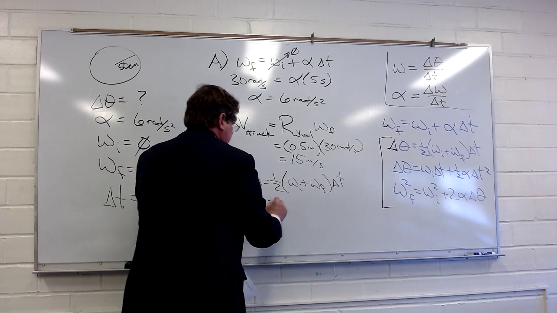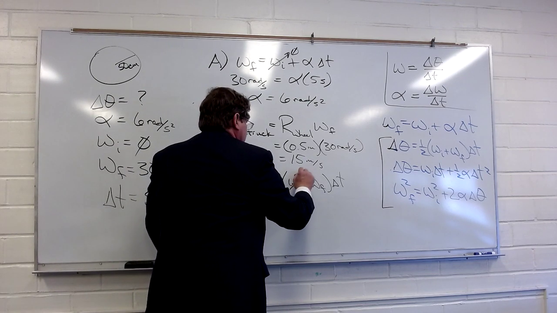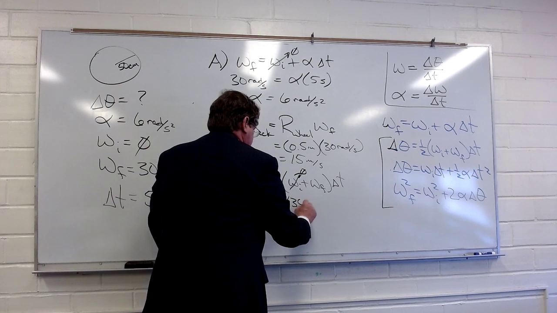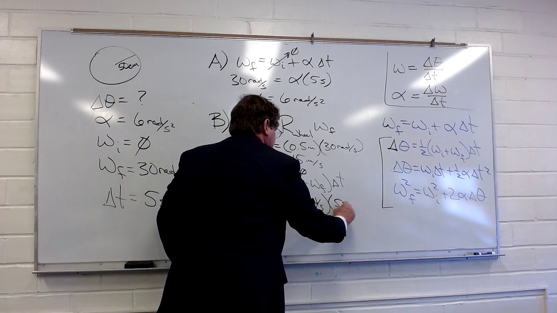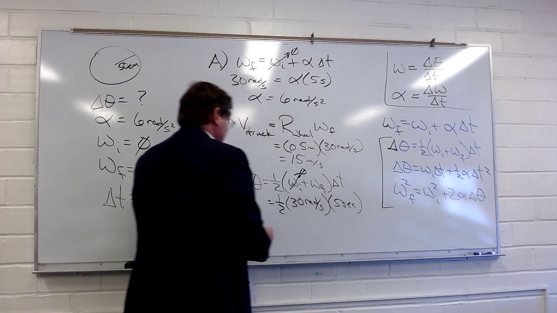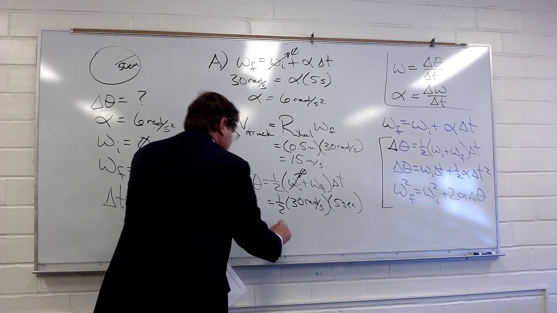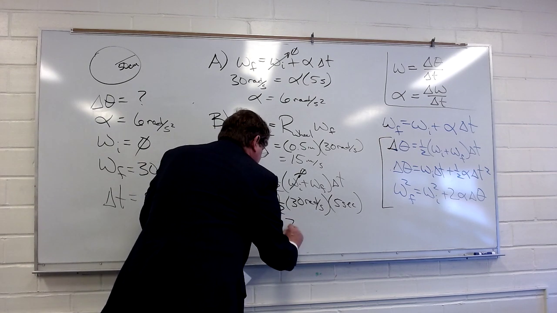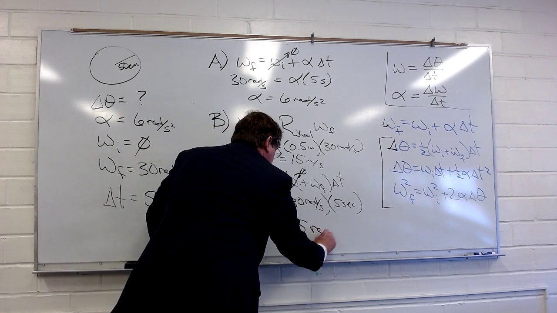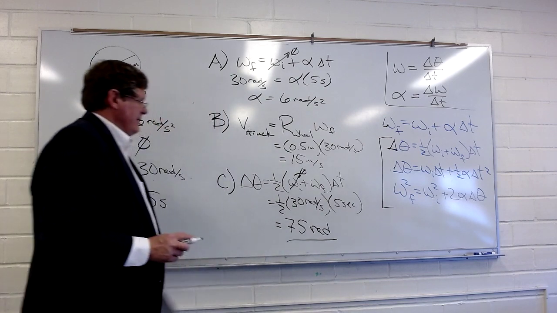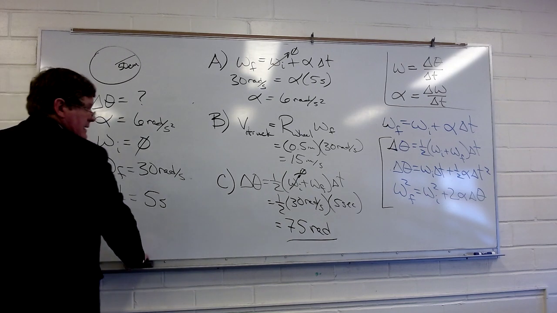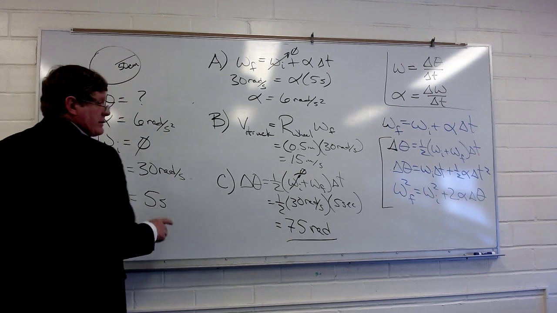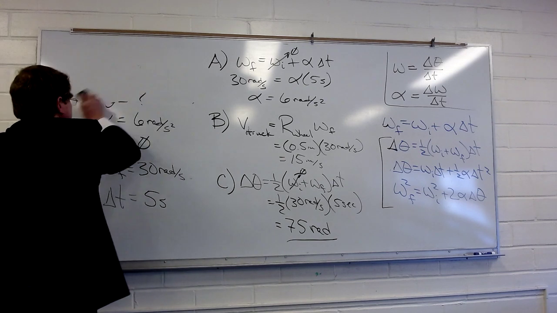So that's going to be 1/2, this is 0, times 30 radians per second times 5 seconds. And so that is going to give me 75 radians. Okay, 15 times 5. Okay, that's problem 8. And I'm not going to pause here because you can hit the pause button.